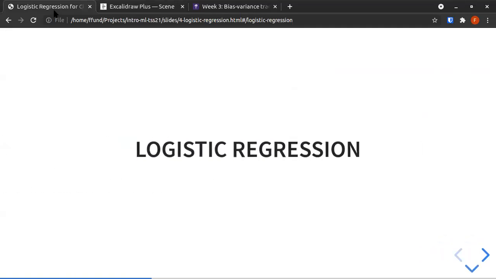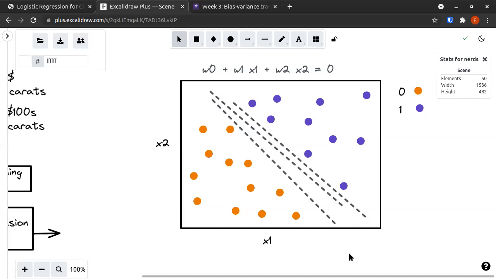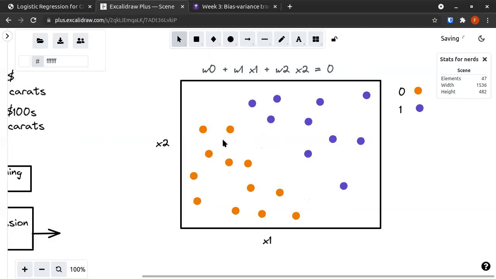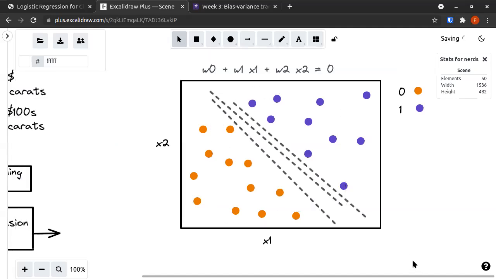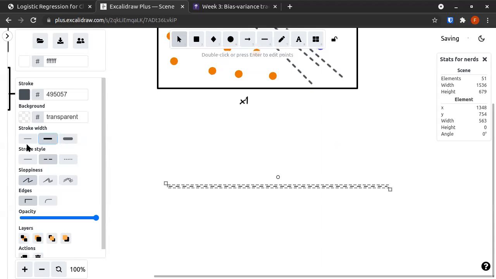So let's think about logistic regression. Now, one way you might think about doing this is, let's say, fitting a linear regression model to your labeled data. Let's actually start a new one here. Let's imagine we have data on a line, so we have just one feature, x1.